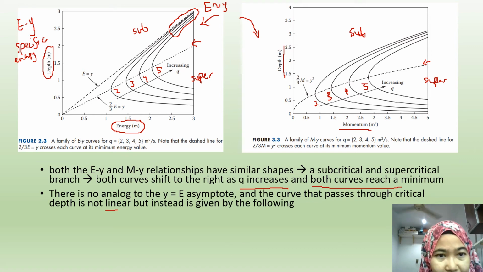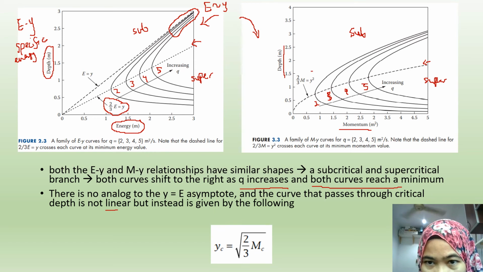In the energy graph the relationship is linear, where y is equal to 2/3 multiplied by E. But for momentum, the relationship is quadratic. Here the critical depth, yc, is equal to the square root of 2/3 times the minimum momentum.